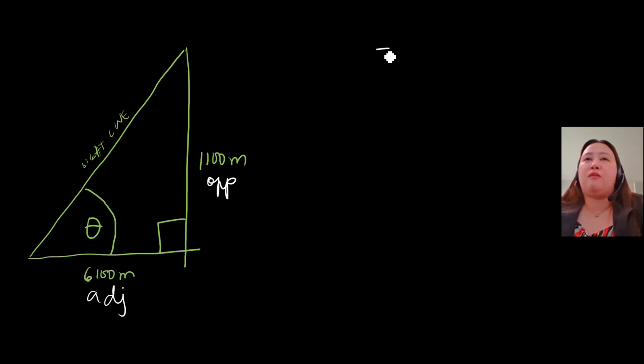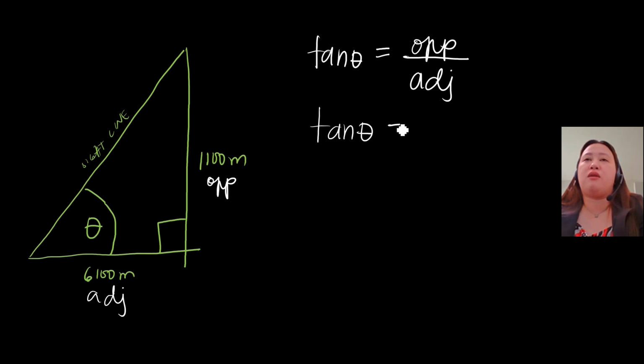In the trigonometric functions, you just think what function will consider the opposite and the adjacent. Of course, that is tangent theta, because tangent theta is opposite over the adjacent. Then let us substitute based on our illustration. So opposite is 1,100 meters and the adjacent is 6,100 meters.